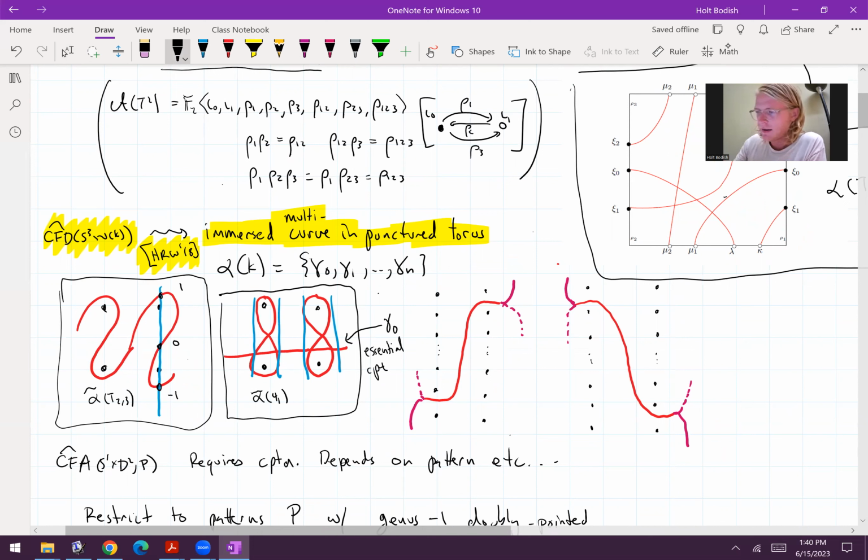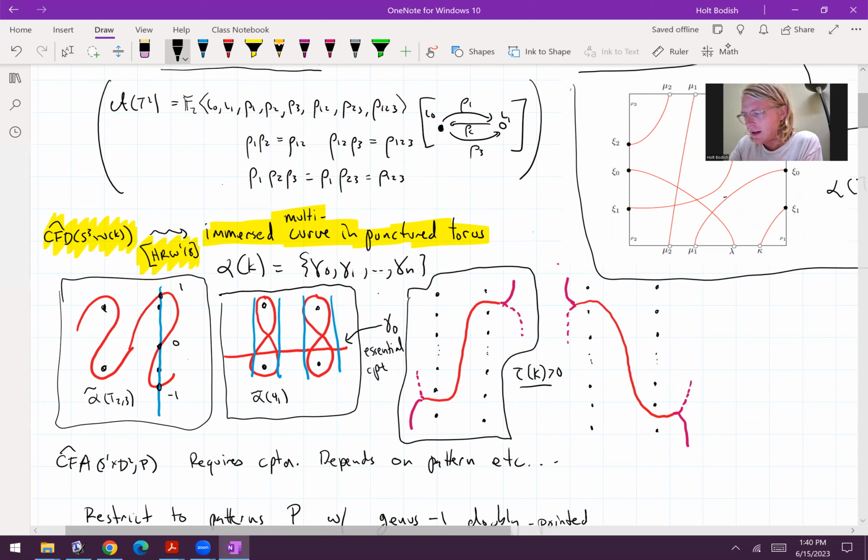So tau we discussed in the previous talk, and here on the left is an example of the general picture of the immersed multi-curve when tau of K is positive. The point here is that it crosses through the lift of the base point at height tau of K, and at height minus tau of K over here.